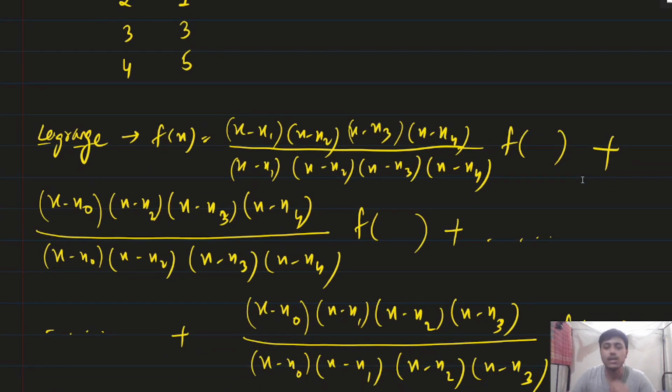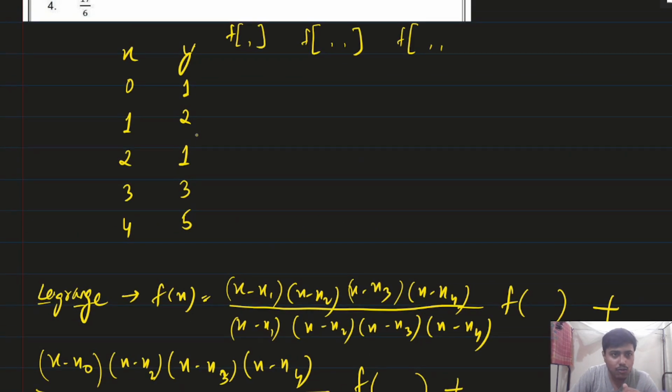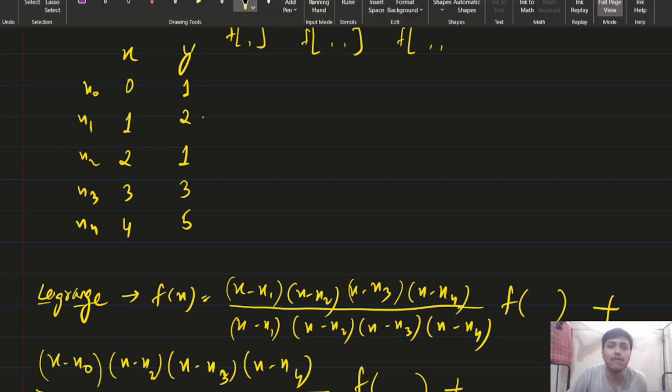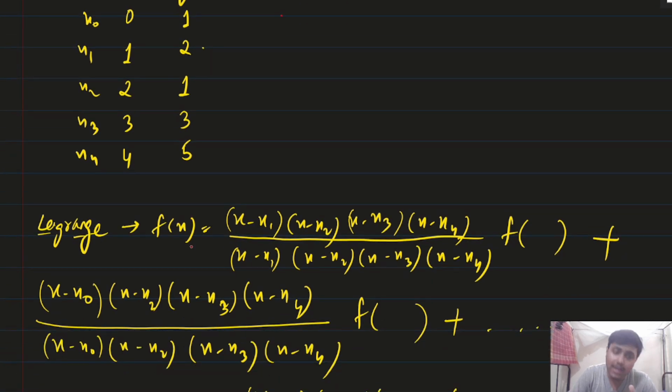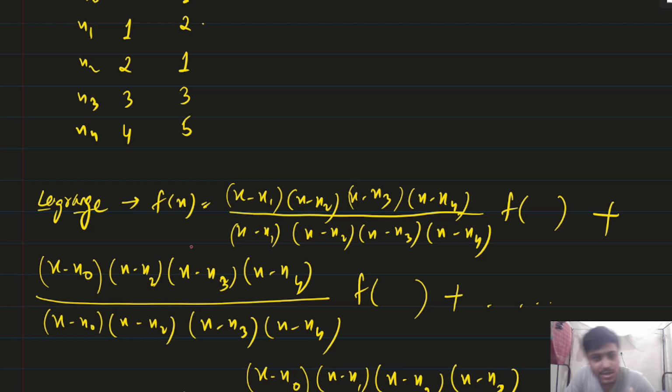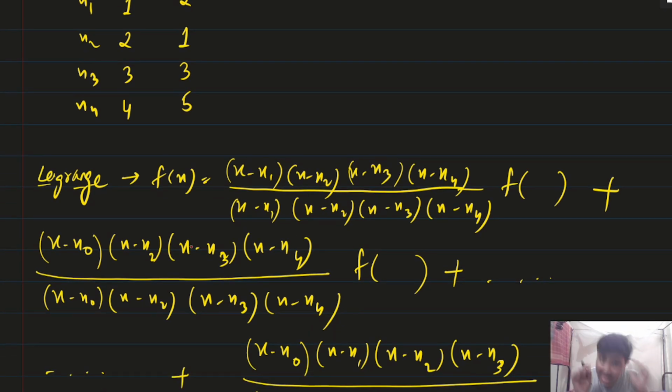The formula for Lagrange's interpolating polynomial is f of x equal to, here we have 5 points. These we say x0, x1, x2, x3, x4, and the values of y we denote as f of x0, f of x1, f of x2, f of x3, and f of x4. So finding the polynomial by Lagrange, the formula is easy but very lengthy.